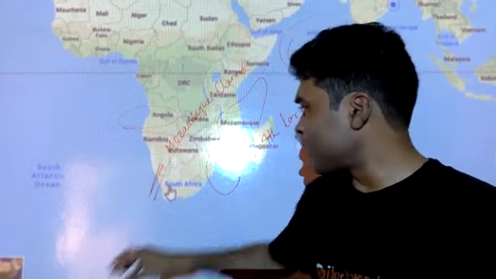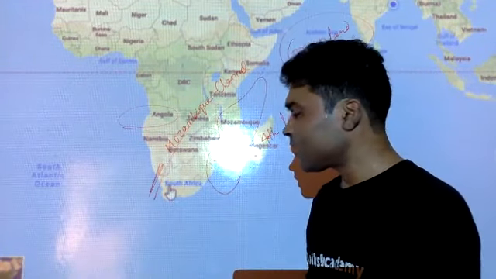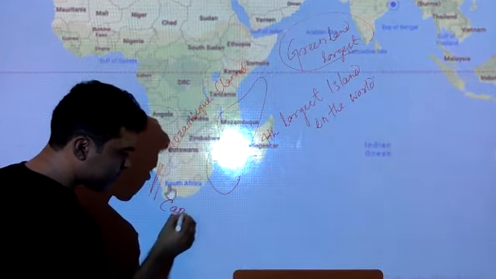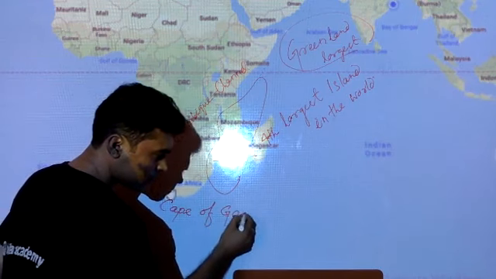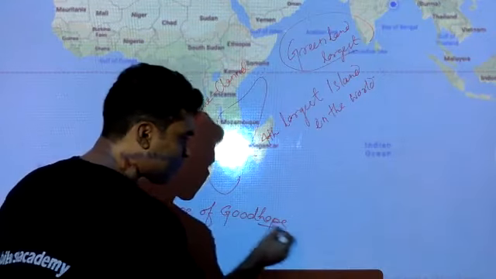And now we will focus on the southern part of Africa, right? Actually, here is the Cape of Good Hope. So please remember, one cape is there, Cape of Good Hope. Don't worry, there is a lot of hope here.